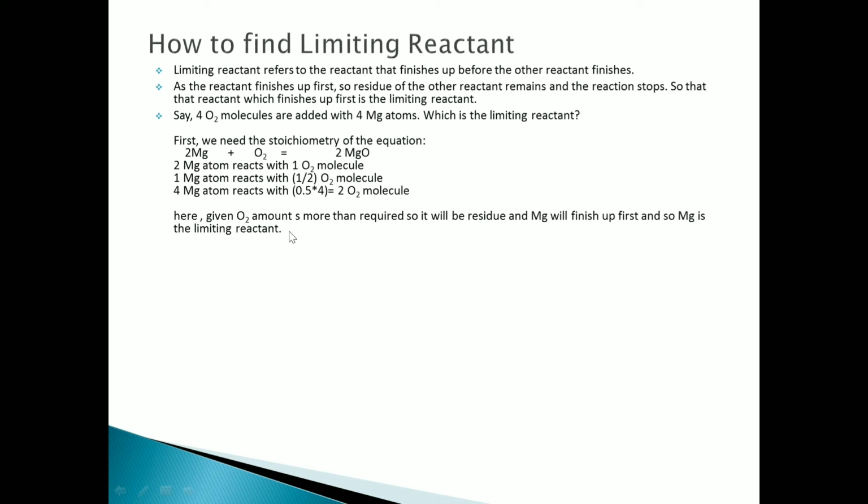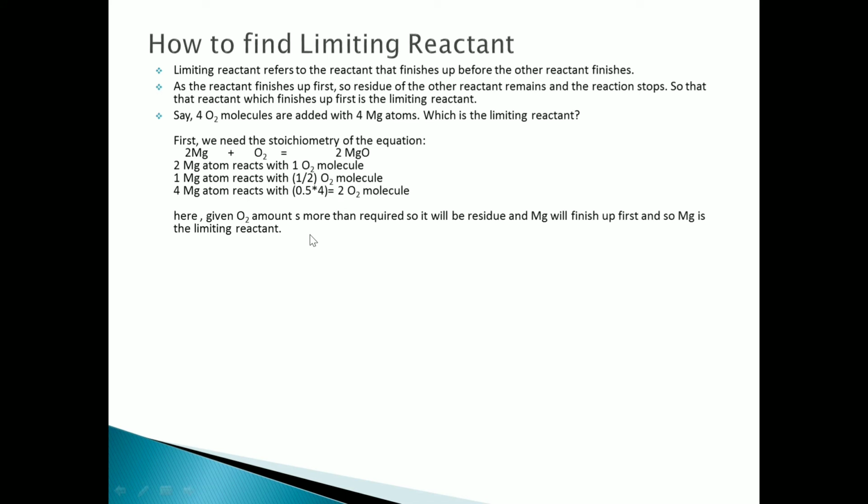But the residue is not the limiting reactant. The limiting reactant is the one which finishes up first. Here the 4 magnesium atoms finish up first, leaving 2 oxygen molecules as residue. So magnesium is the limiting reactant here.